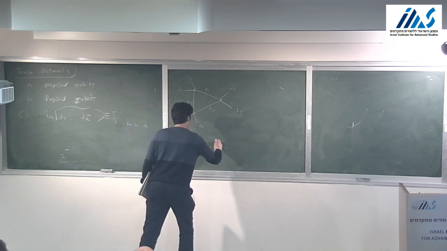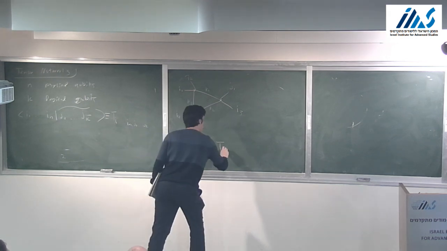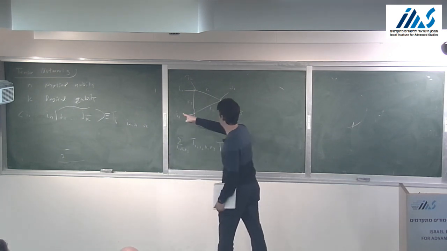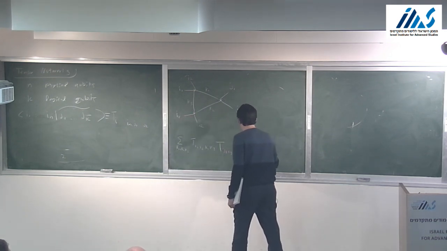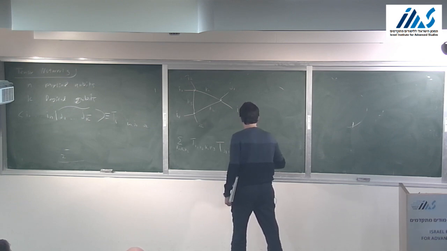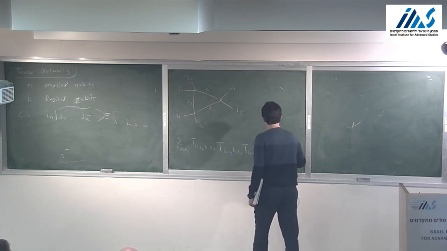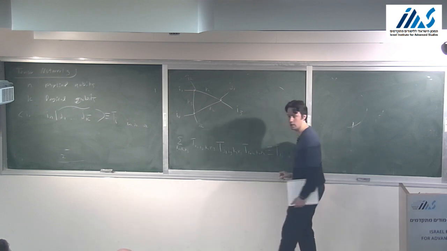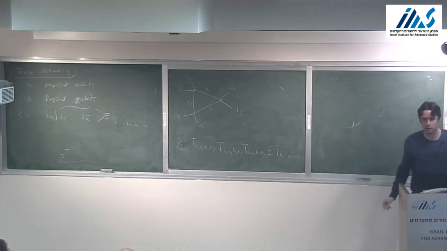Then here we have t of j1, i3 with k1, k2. And here we have t of i4, j2 with k2, k3. And this just defines my t of i1 to i4, j1, j2. Okay. So that's kind of a trivial example of a tensor network.